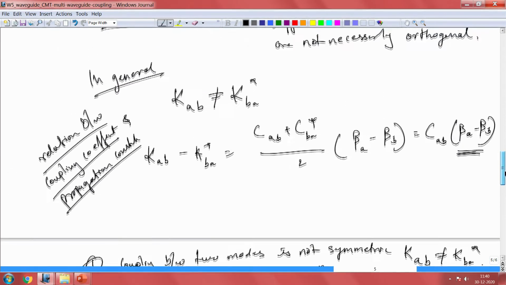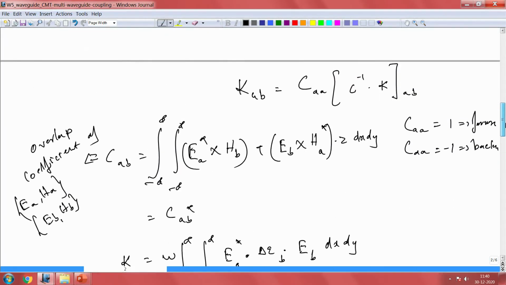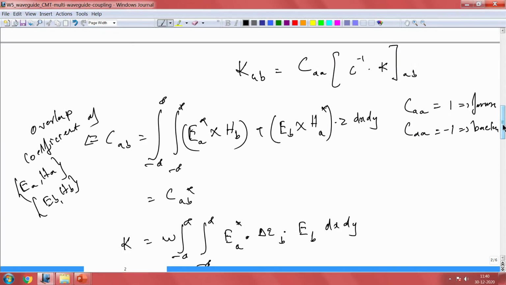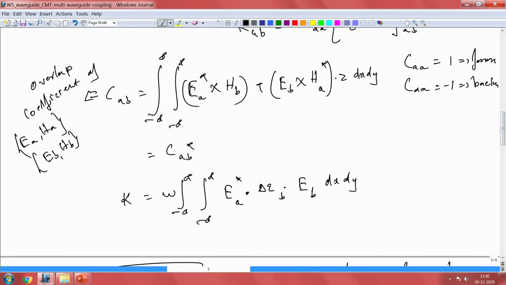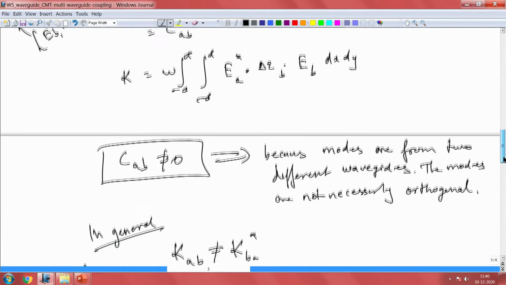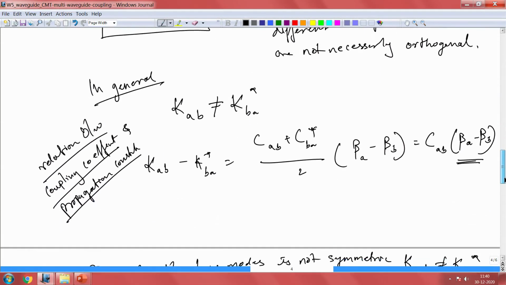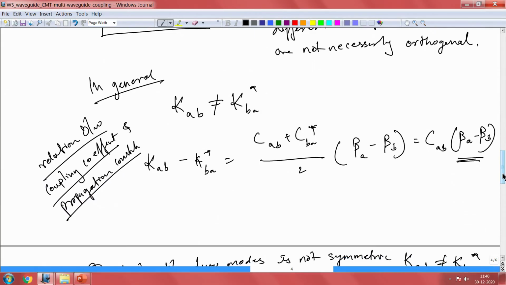The two important messages that you should take away: there is an overlap coefficient associated with this, and it is important when it comes to coupling. Then you have the coupling constant kappa, that looks at the E field and the perturbation associated with this. A combination of these two is required to establish the coupling.